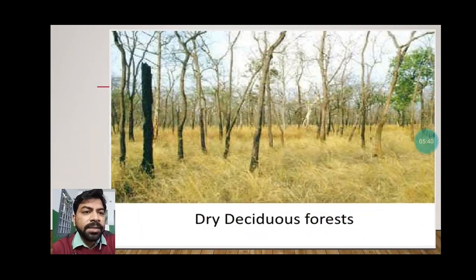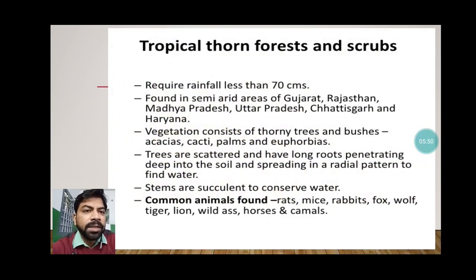Next is the dry deciduous forest. You can see here the distance between two trees, and it looks very dry. After that, there is the tropical thorn forest and scrubs. Students, you need to learn these points: how much rainfall is required, which regions are covered by this type of forest, and what type of vegetation and fauna are present.